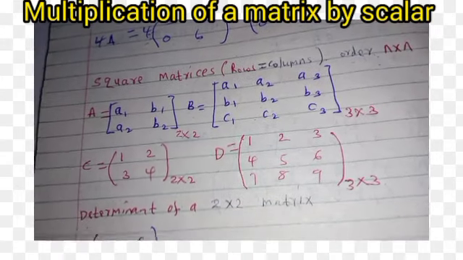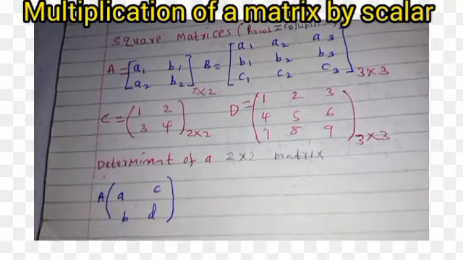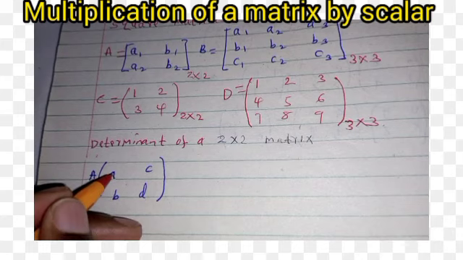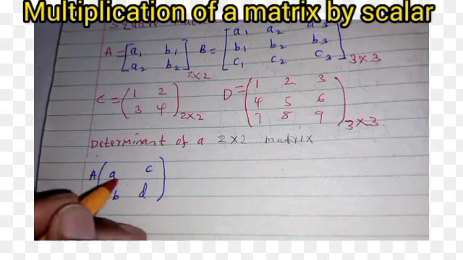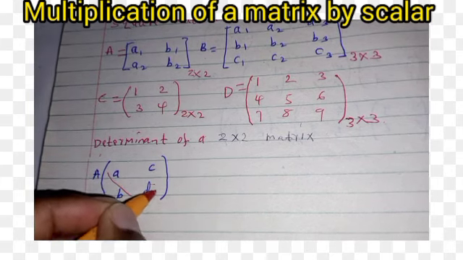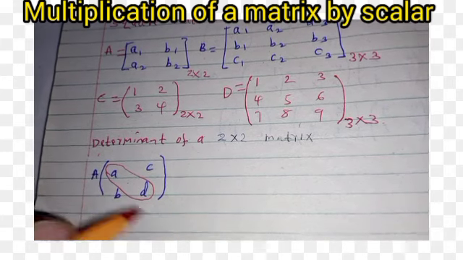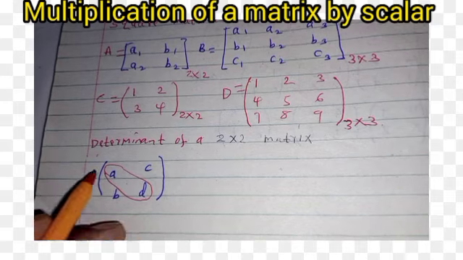How do we determine the determinant of a 2 by 2 matrix? The elements along this line are called the main diagonal or principal diagonal.